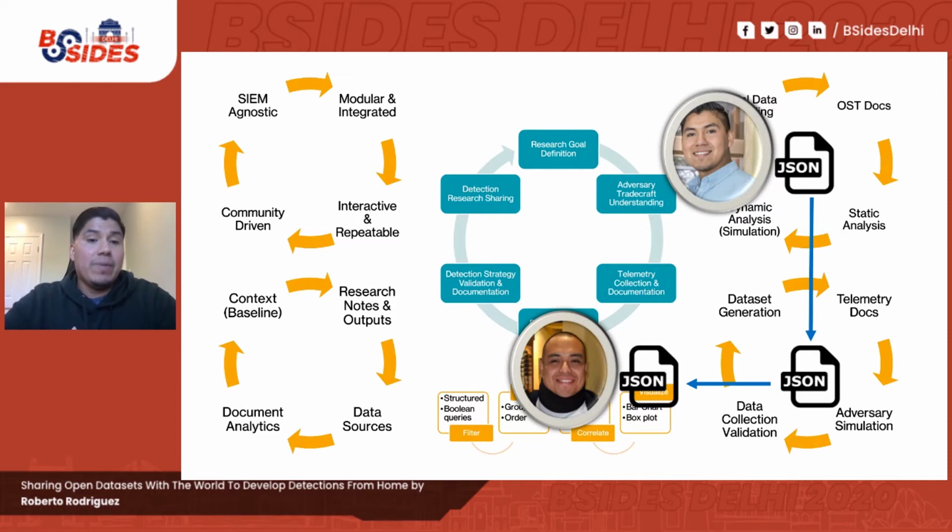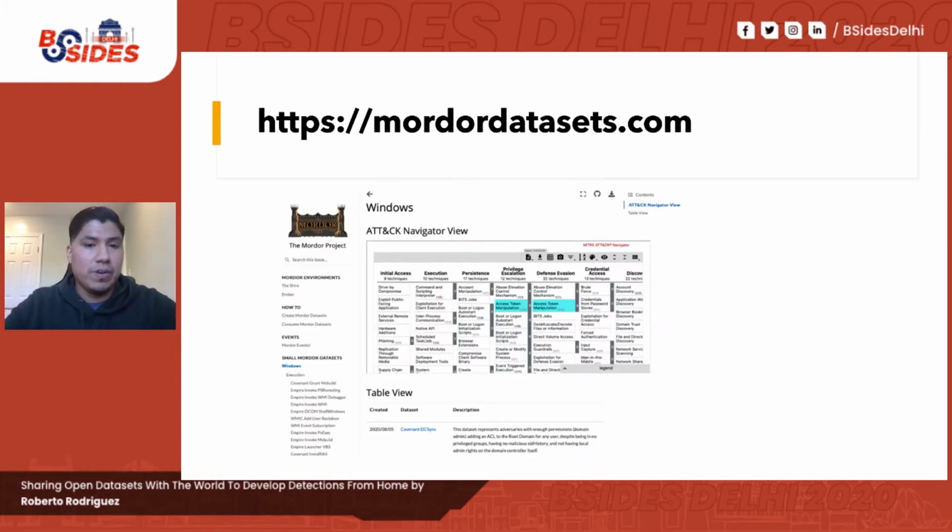So it was very easy for him to say, hey, can you just send me the data set? I can start building some detection rules, or import that into a Jupyter notebook and start analyzing the data, exploring the events that were collected after simulating a specific technique. That was very helpful, and it was also the inspiration to help others in the community.